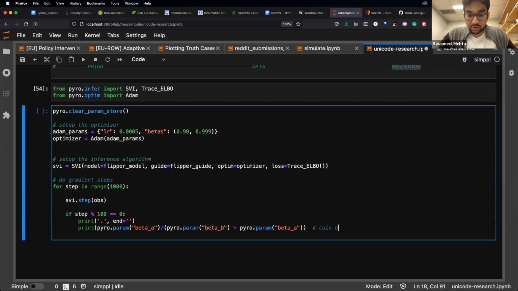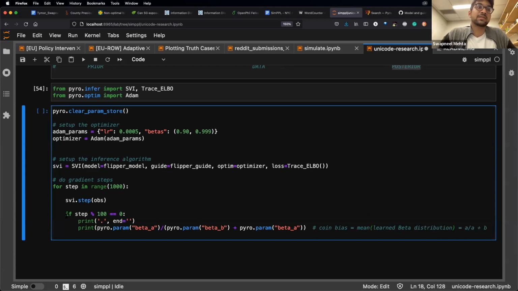The value of coin bias is equal to A upon A plus B, which is the mean of the learned beta distribution.